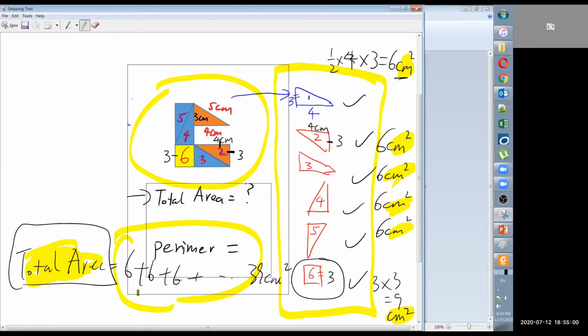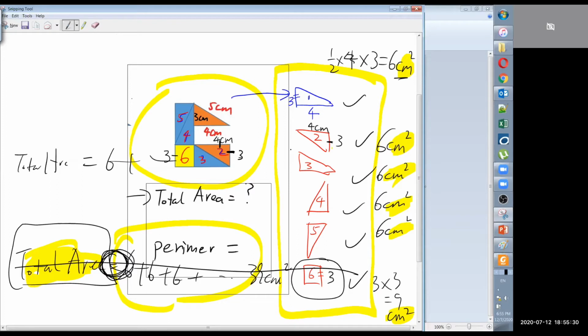Yeah, good. Okay, so where's your equal sign? I got equal sign here. Shermaine, equal sign. What I suggest you to do? Hello, are you there? Yes. Cross out, rewrite total area equal 6 plus 6.